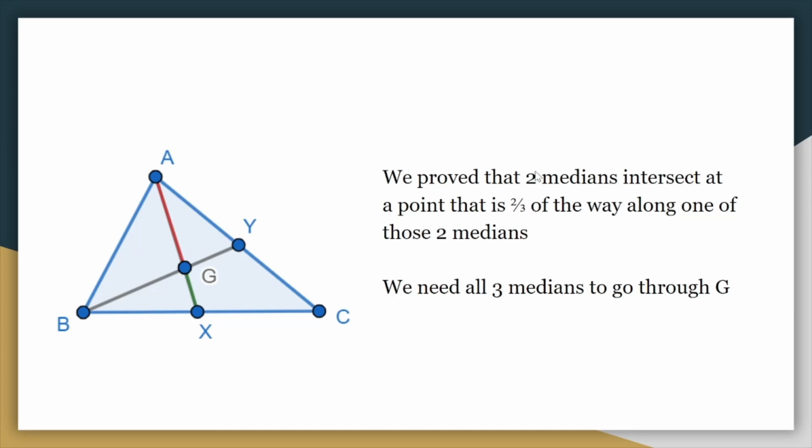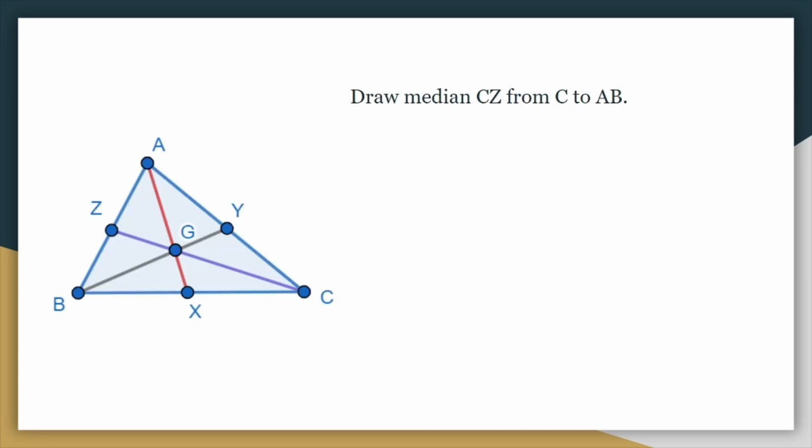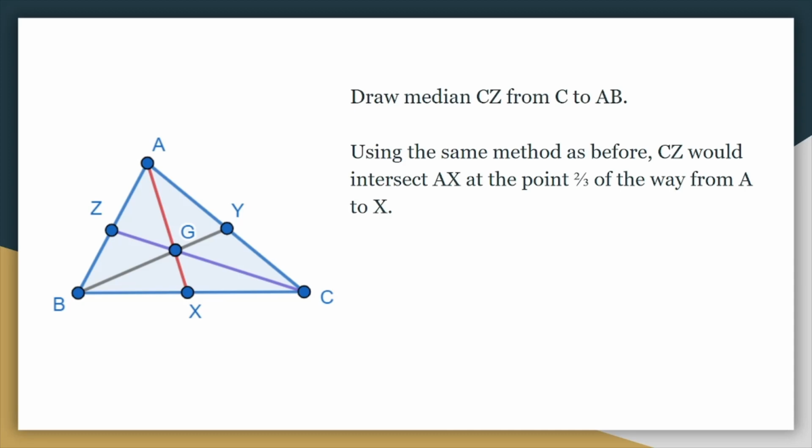Next, we need to show that all three medians intersect at G. So if we were to draw median CZ from vertex C to AB, CZ would intersect AX at the point that would be 2/3 of the way from A to X, using the same method we just used to prove that AG equals 2GX.